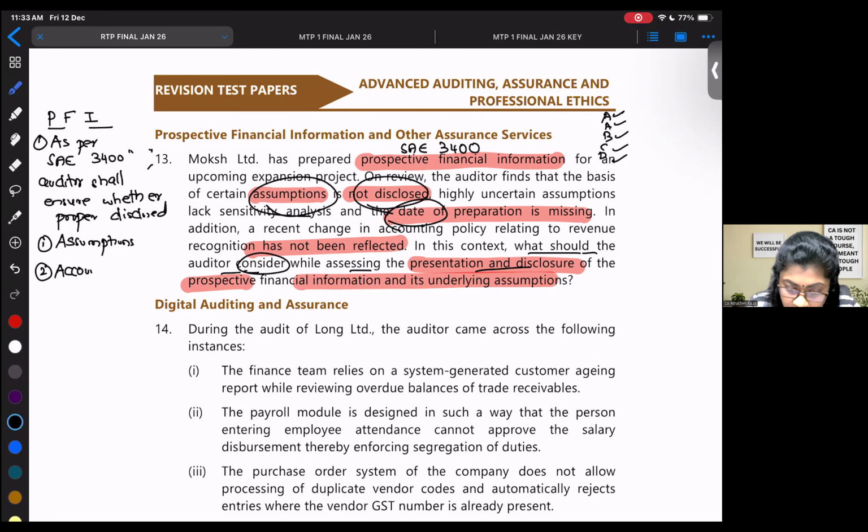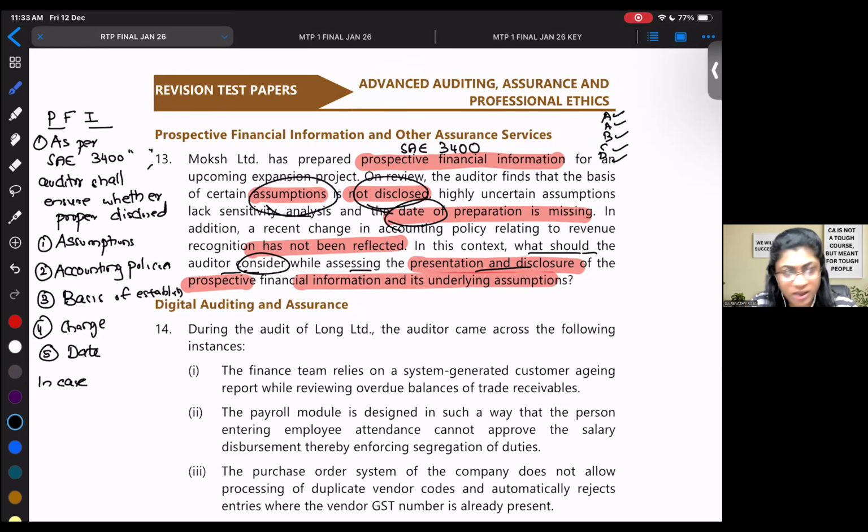Second, accounting policies: the accounting policies the entity has chosen while preparing the PFI. Third, basis of establishing the PFI. Fourth, changes in policy should be adequately disclosed. Finally, the date on which the PFI was prepared should also be disclosed.